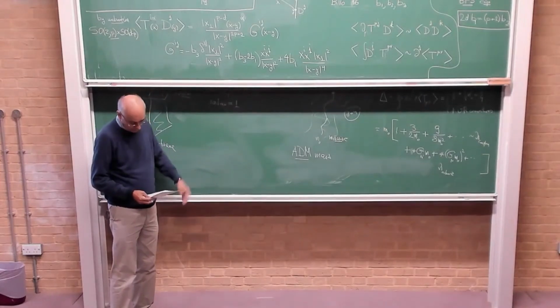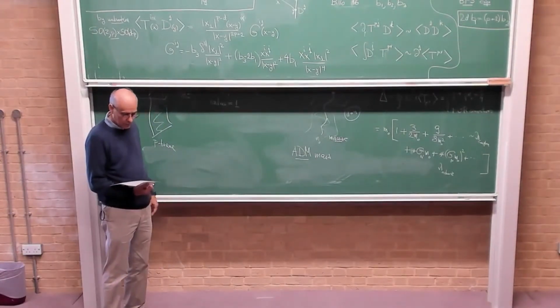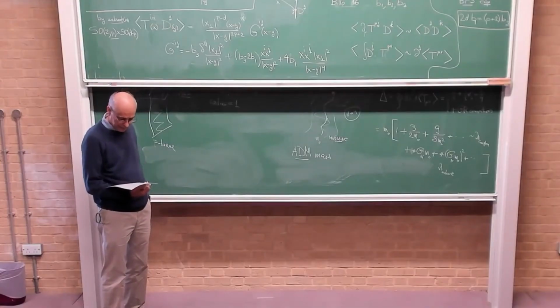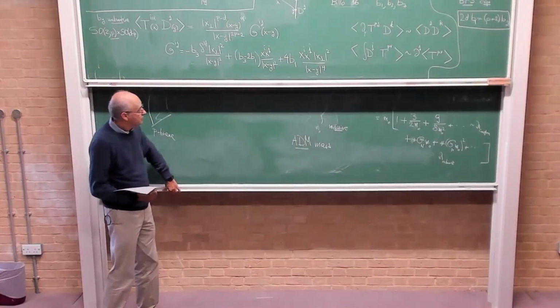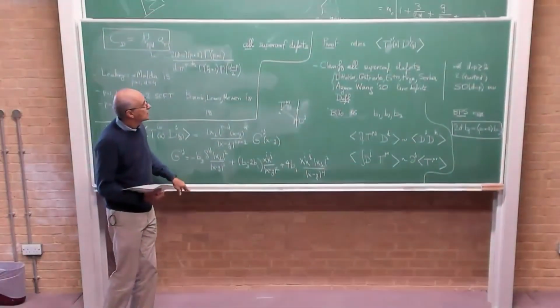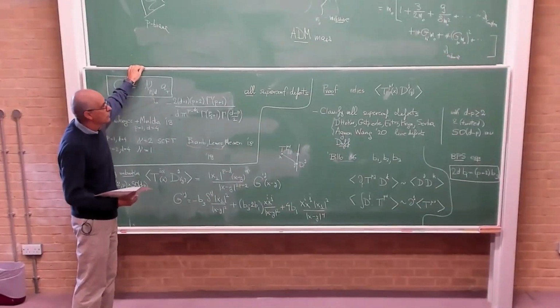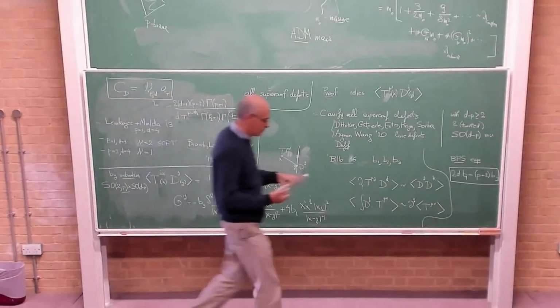And now the obvious question is, okay, what if we have, as opposed to a point particle, a brane? Well, this ADM mass and its extension can be easily extended.